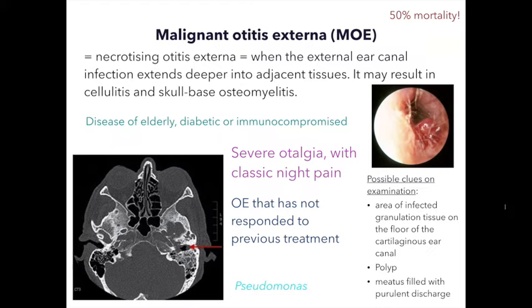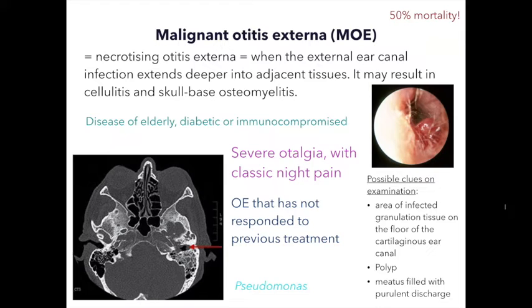It's also known as necrotizing otitis externa, and it's when the external ear canal infection extends deeper into adjacent tissues, so cellulitis or skull-base osteomyelitis. It's typically a disease of the elderly, diabetic, or immunocompromised, and the infection invades the bones at the base of the skull, and it can present with facial paralysis and other cranial nerve palsies.